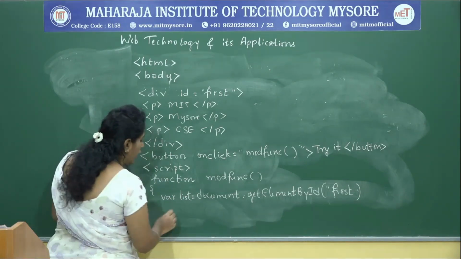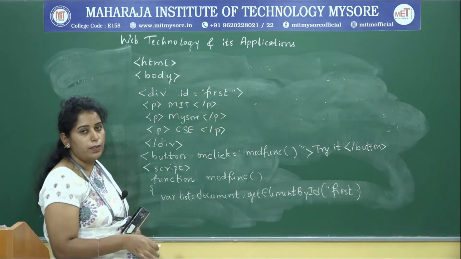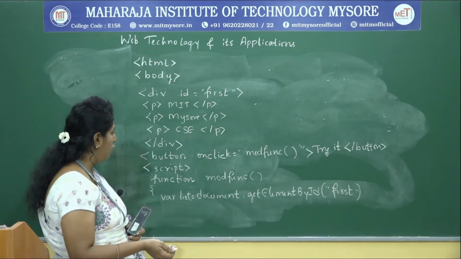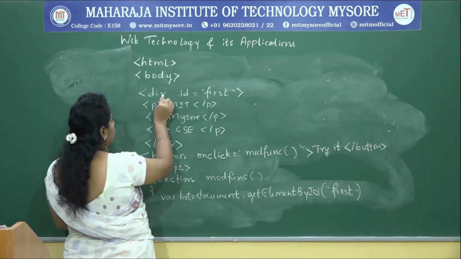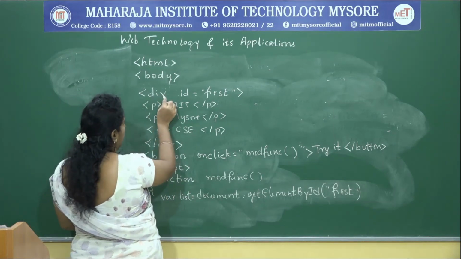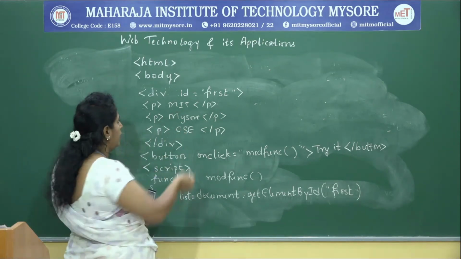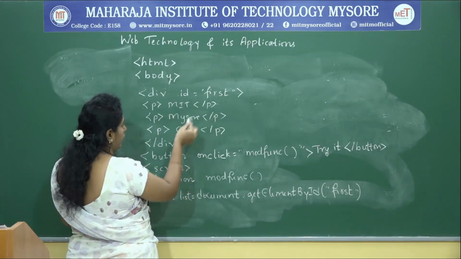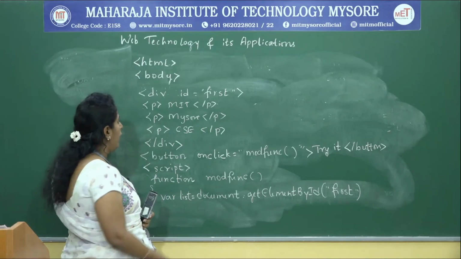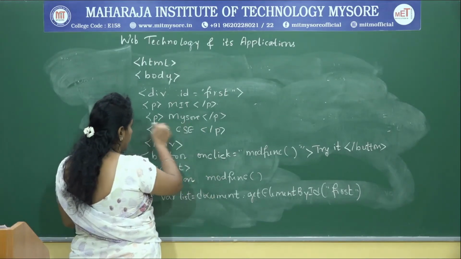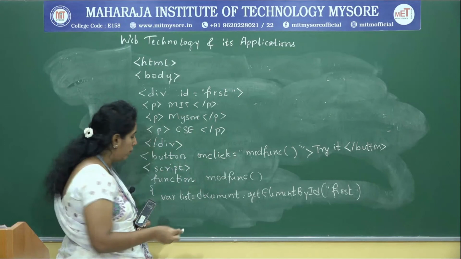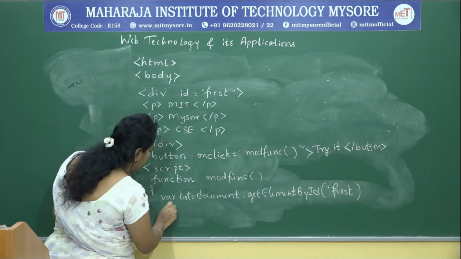Now, I want to remove the child nodes. See, if I consider this as a parent node, under this it has 3 children. Say this is the first index, second index, third index. If I want to remove the second index, how to remove it, from which element?